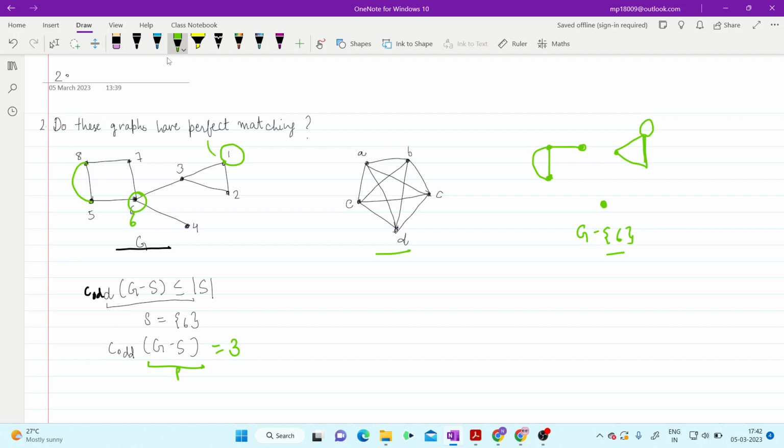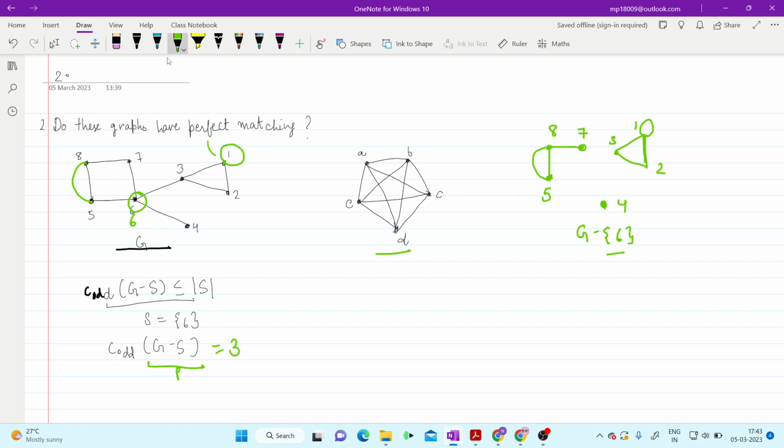So if you are adding some more edges, and you remove this 6 again, the subgraph is again 5, 8, 7, 1, 3, 2 and 4.